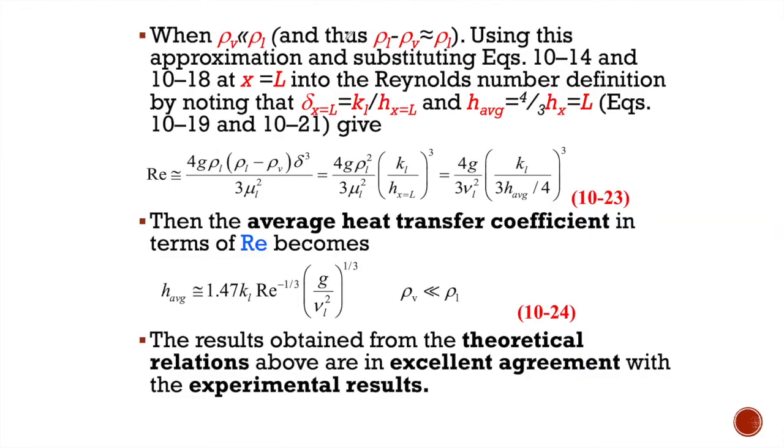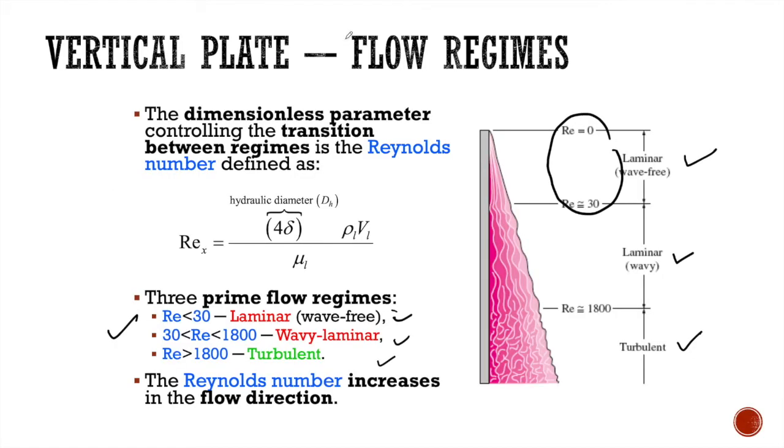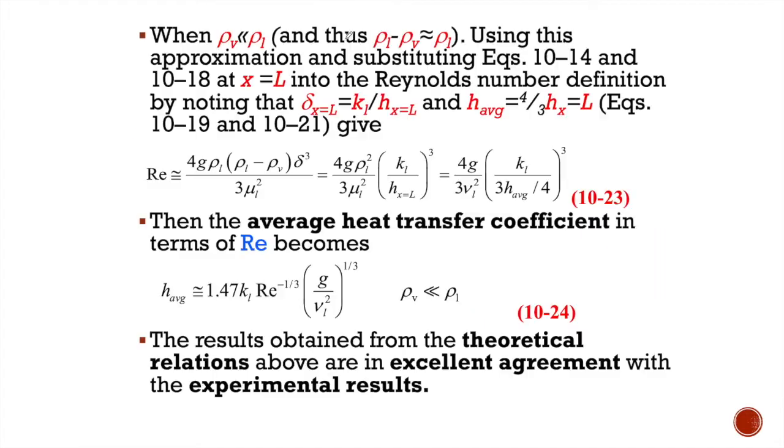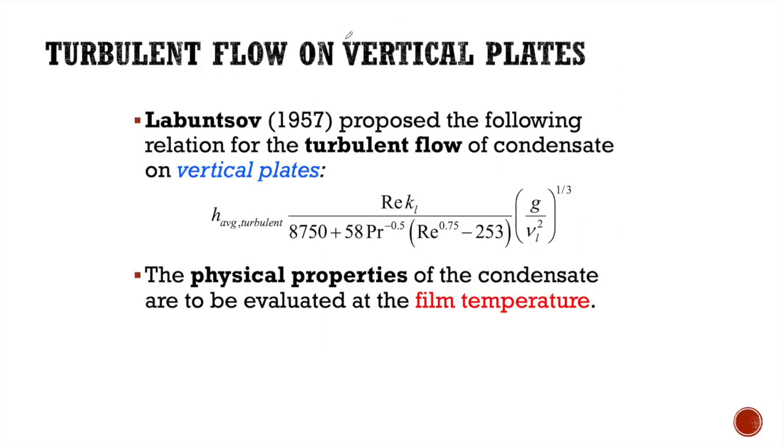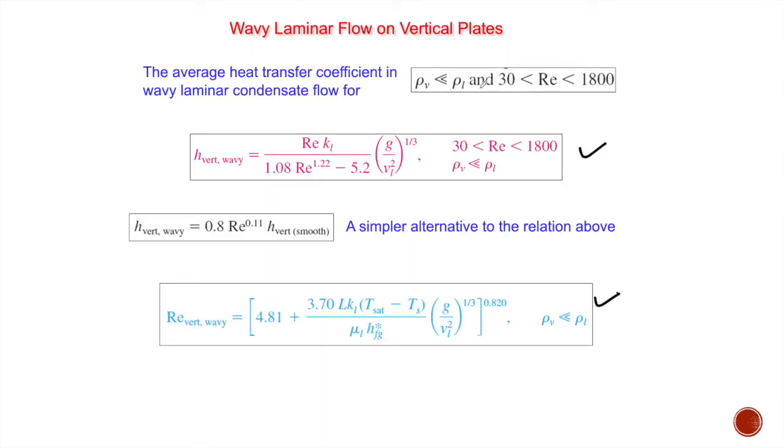Lamina wavy flow is in the region of 30 to 1800 for the Reynolds number. So the Reynolds number is in between 30 and 1800 for wavy lamina flow. So these two equations are important.